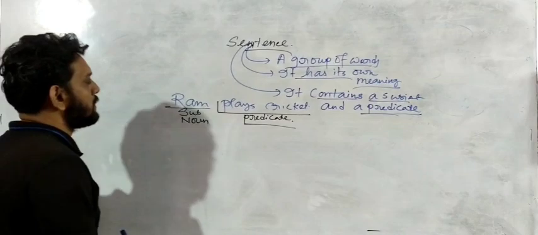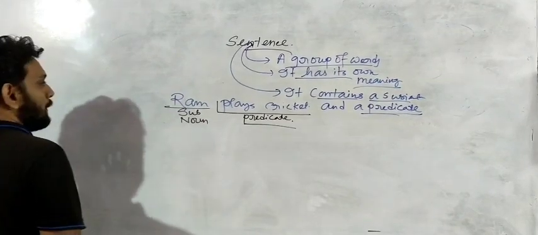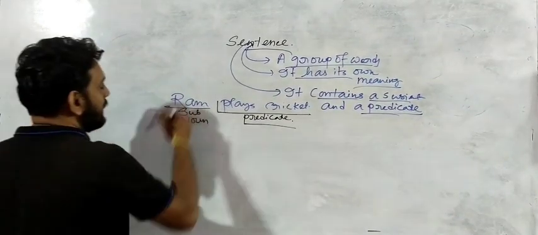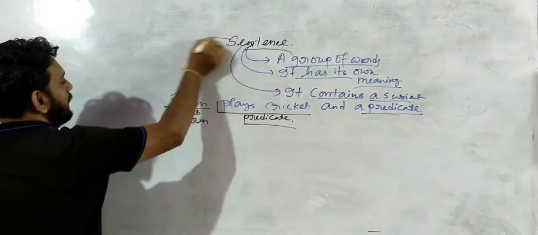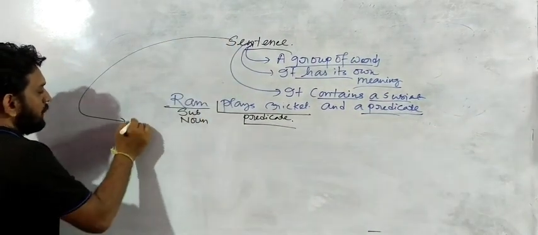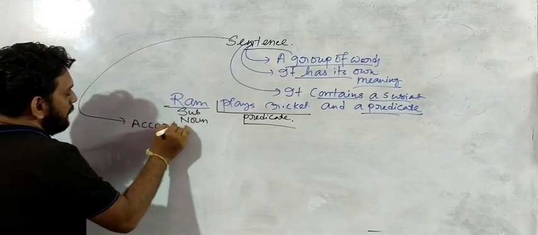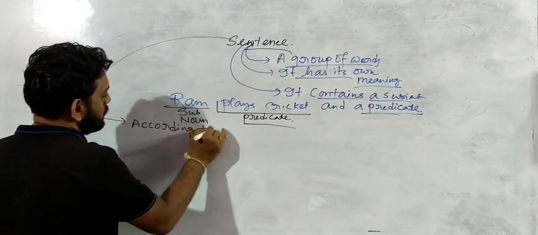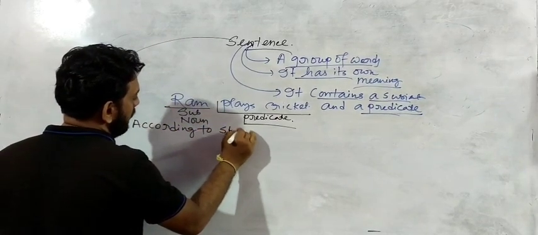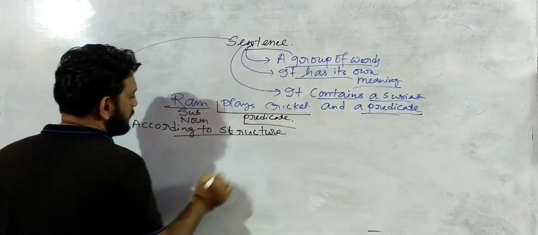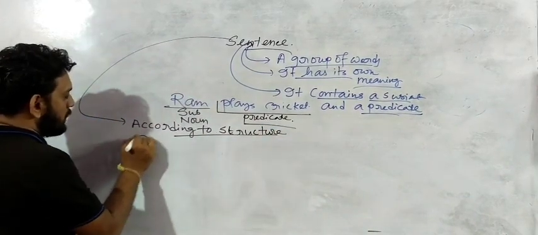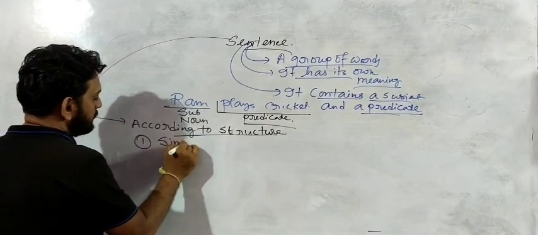Next, we need to understand, my friend, very important things over there, that the sentence has been divided according to, write down, structure. Sentence has been divided into three parts. First one is called simple sentence.